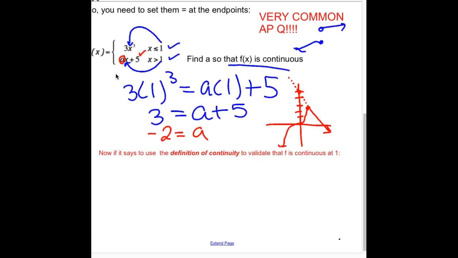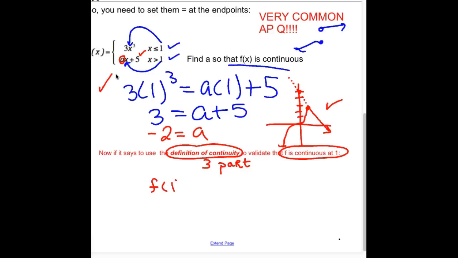Now, if it says to use the definition of continuity, that's a 3-part definition that we did at the beginning of the hour and is on one of the first pages of your notes. If it says to validate using the definition of continuity that this function is continuous at 1, I just did it analytically, but here's why it's continuous. There's 3 reasons.